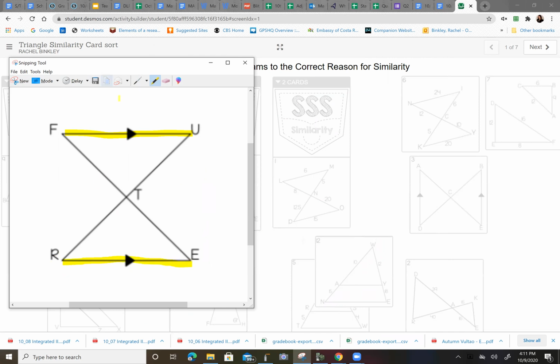That's what that arrow means. Well, if they are parallel, then I know that angle U and angle R are congruent because they are alternate interior angles. And I have a set of vertical angles here. So I already know I have two angles that are congruent. So that's all I need. I don't need three. So by the angle-angle theorem, these triangles are similar.